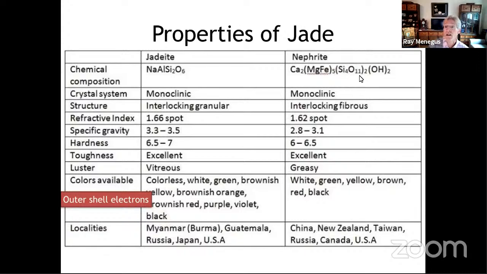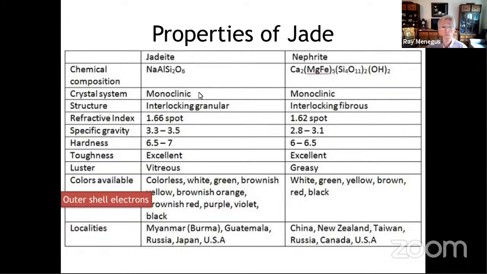Silicon and oxygen form silicates, but the nephrite is bound with metals, magnesium and iron and calcium, whereas the jadeite is bound to aluminum and sodium. So they're both silicates, but the differences in their properties depend basically on the metals that they are bound with.